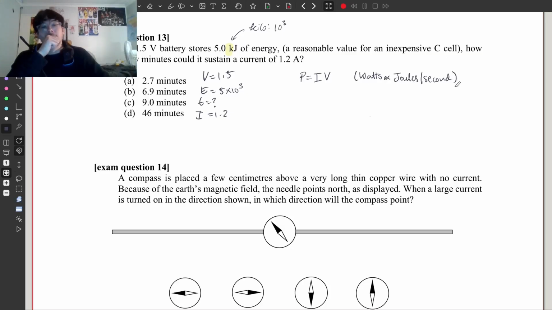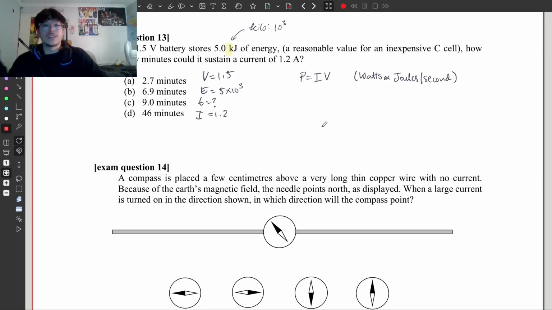The reason why it's joules per second is because current is a measure of charge, so charge is units coulombs over time, so seconds. And voltage is a measure of energy, joules per charge, so coulombs. So when you multiply these together, the coulomb terms cancel out, and you're left with joules over seconds. So that's why watts is equivalent to joules per second.